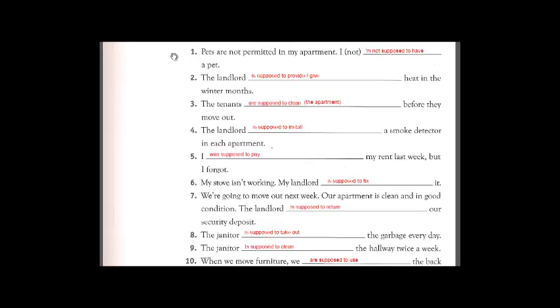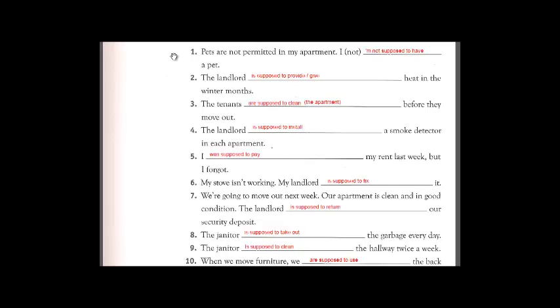I'm not supposed to have a pet. Number 2. The landlord is supposed to provide heat in the winter months. Number 3. The tenants are supposed to clean the apartment before they move out. Number 4. The landlord is supposed to install a smoke detector in each apartment.